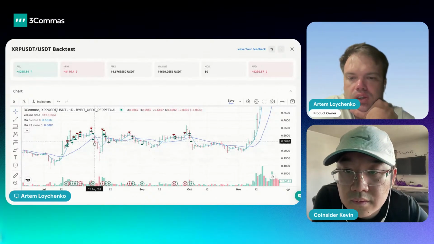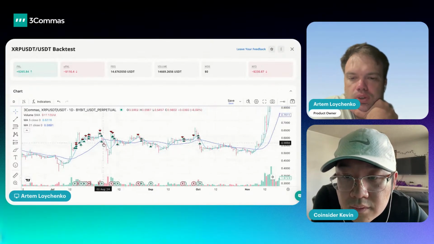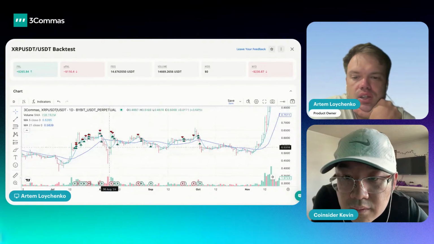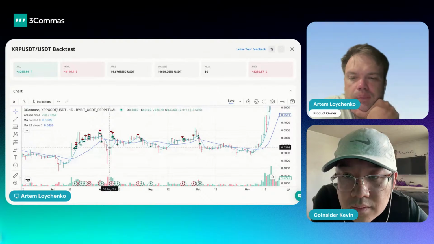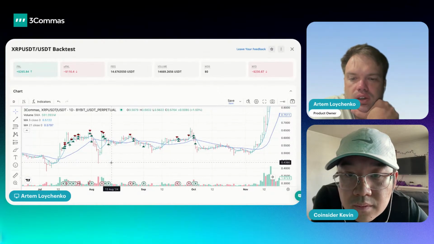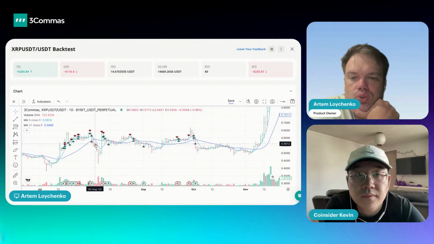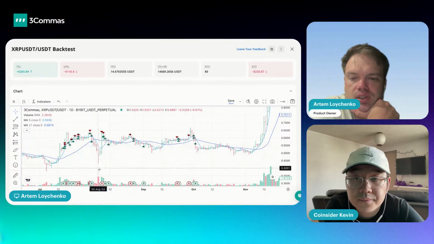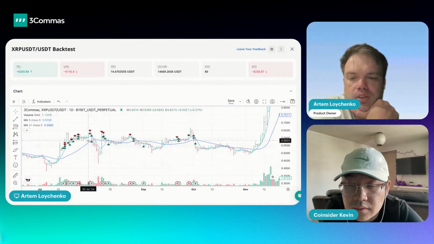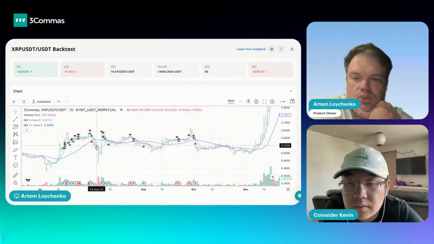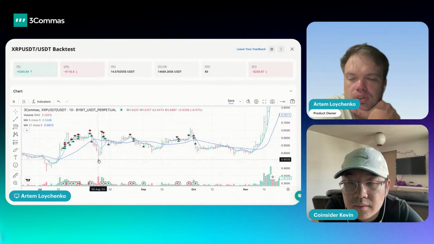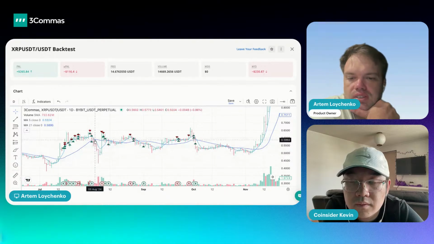Looking at this part here, we got a lot of stop losses hit, and it actually happened because the indicators were there, but we could do a timeout between the trades. So whenever we hit an exit, be it a stop loss or take profit, we would have a cooldown before a new trade opens. So this would leave us having fewer stop losses in this huge drop.